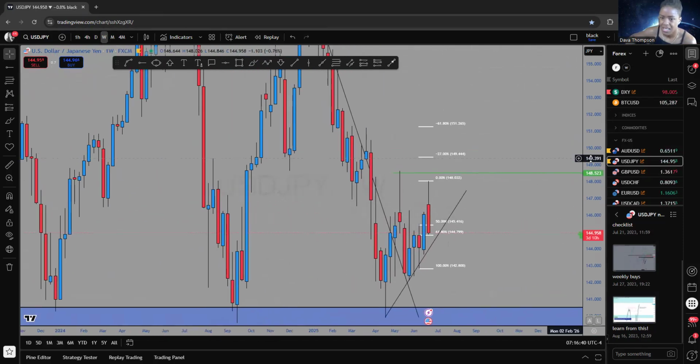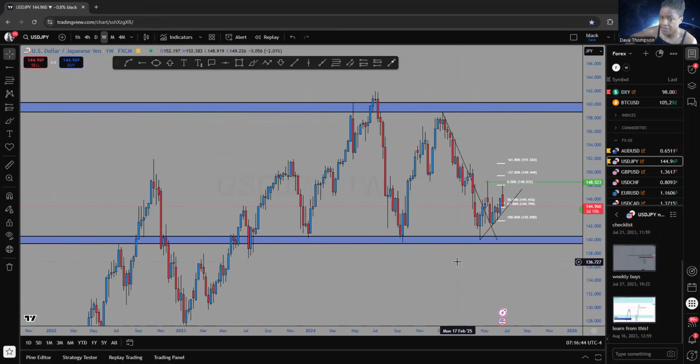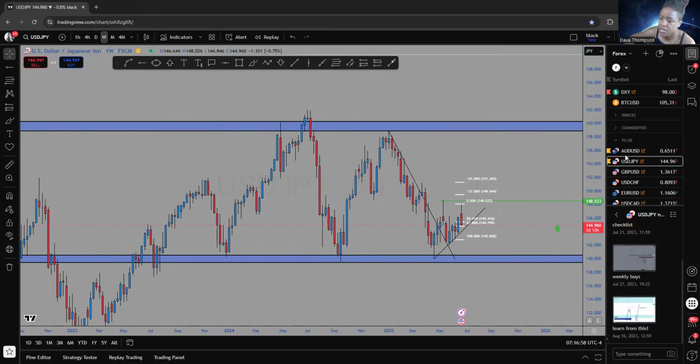The price action on the weekly is making me hungry. It tapped here, made a higher high, tapped here, made a lower high, but the structure's still bullish. Tapped here again. I feel like the next place it wants to go is right here. So UJ is definitely on my watch list.